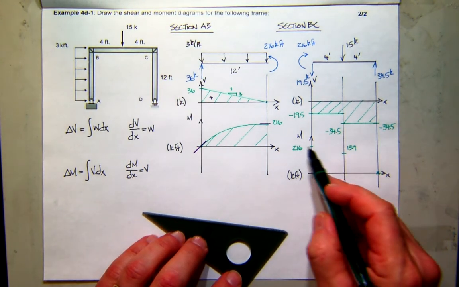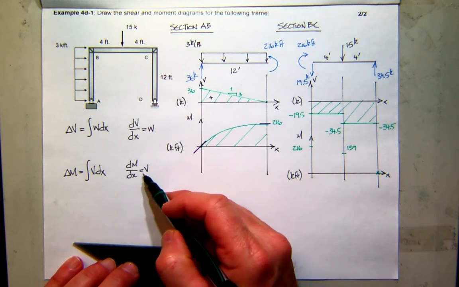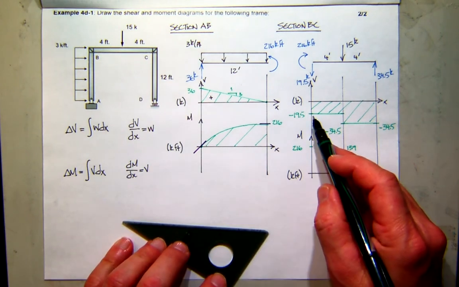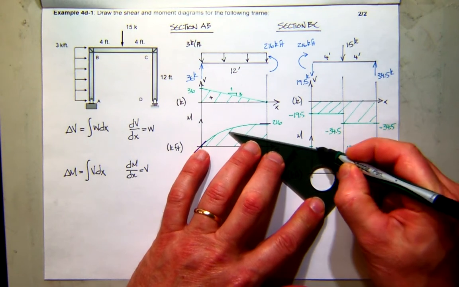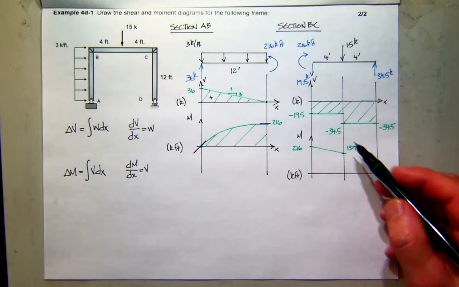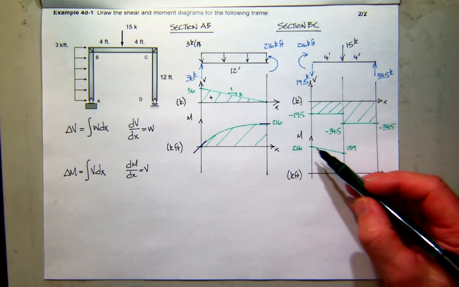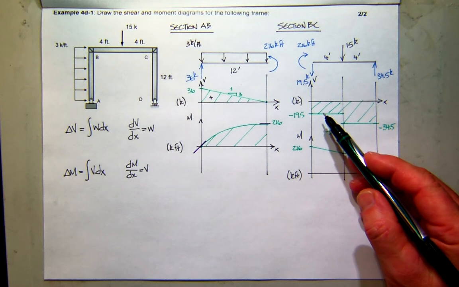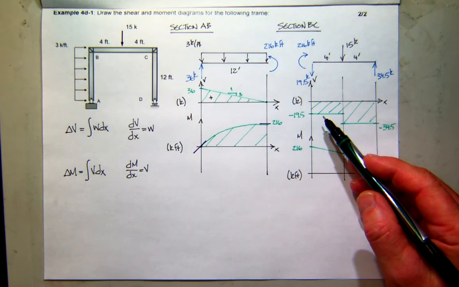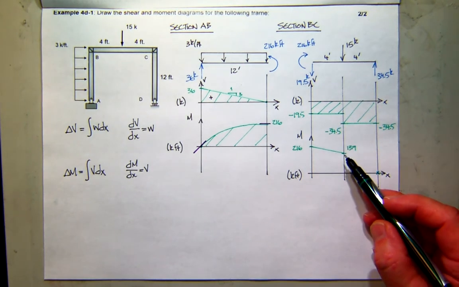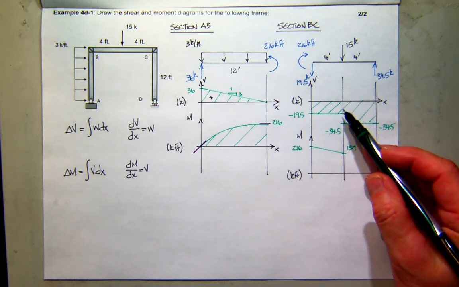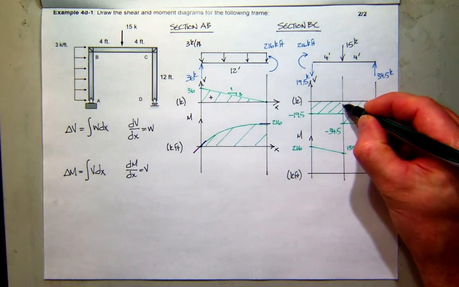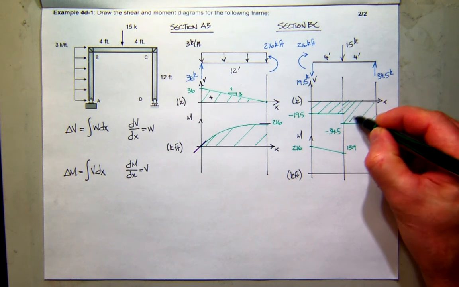And then what's the slope of the moment diagram? Well, it's equal to the shear. If you look up the shear value, it's constant and negative. This is not to scale, but you can see that the slope of this line would be negative 19.5. Now the change in moment from 4 to 8 feet is given by this part of the shear diagram. I'll double hatch that so you can see it a little better.